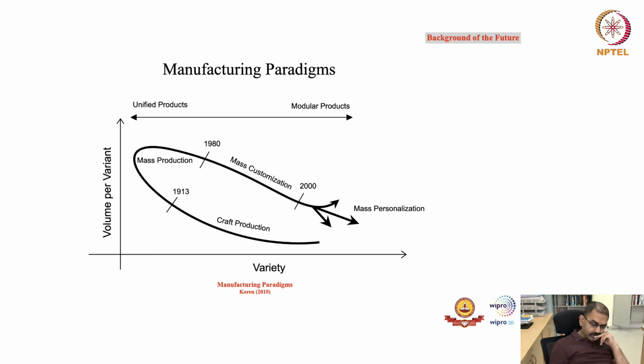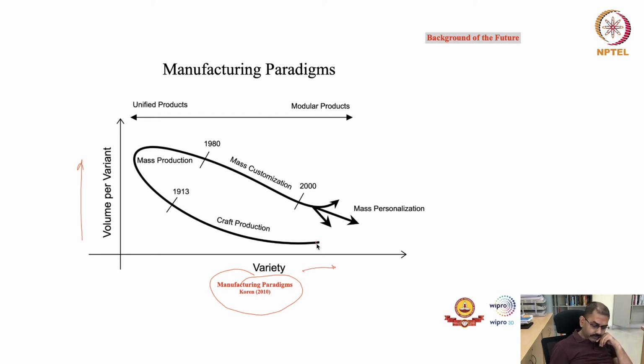Yeah, so this maybe captures the whole story of what we have discussed till now. We are talking about manufacturing paradigms, and right from the beginning of this course we talked about craft production, mass production, mass customization, mass personalization, and you can see the volume per variant and the variety, right?